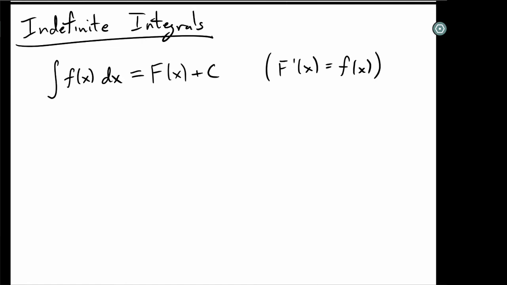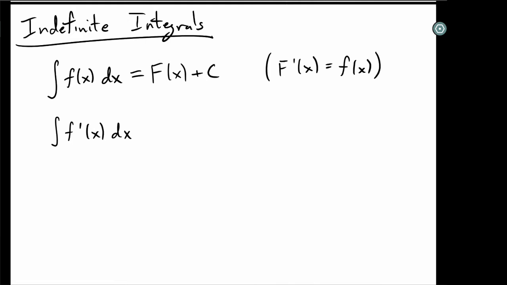So now that we're talking about antiderivatives, we need to start talking about some properties of it, right? So some things you might expect here is, well, the antiderivative of f prime of x, right? If I take the antiderivative of the derivative, what do you think we should get?